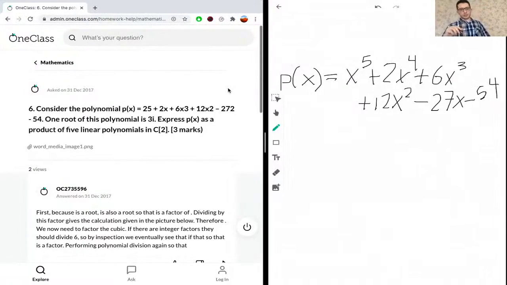And the question is telling us that one of the roots is x equals 3i.